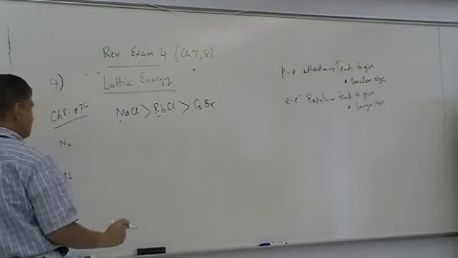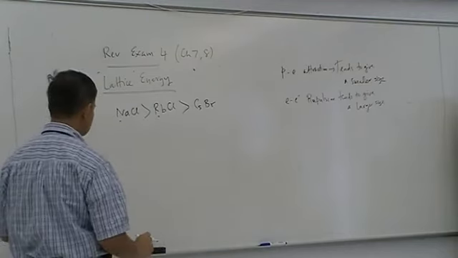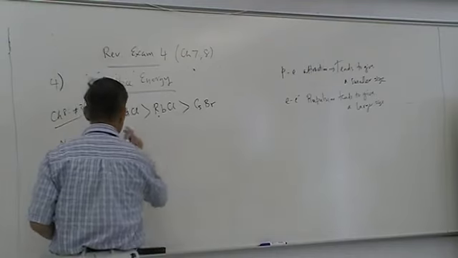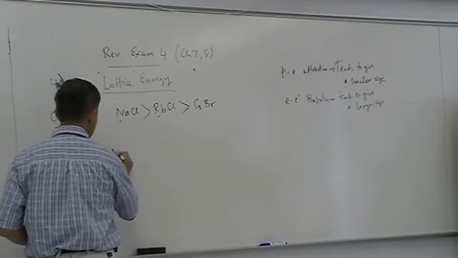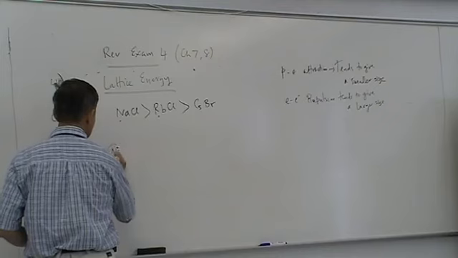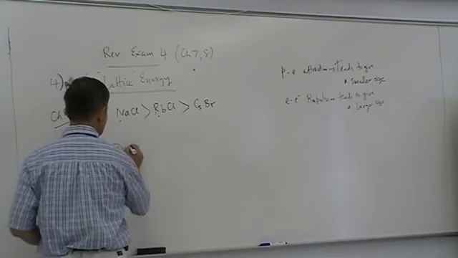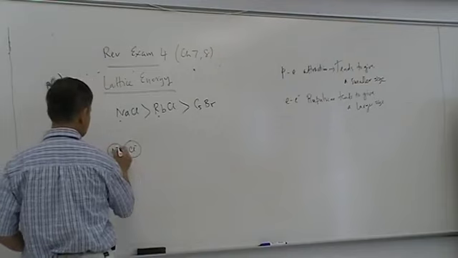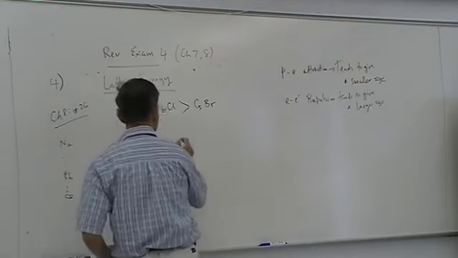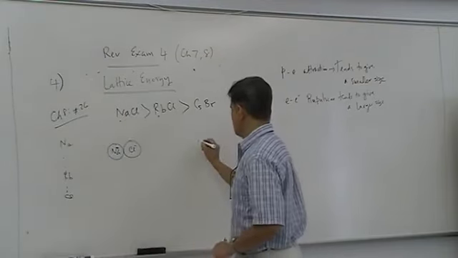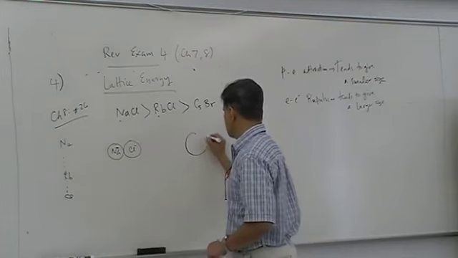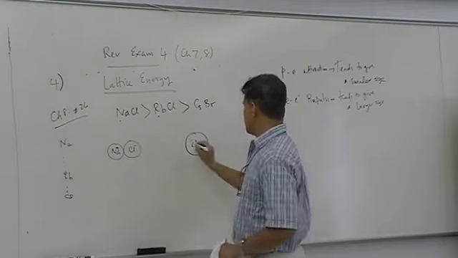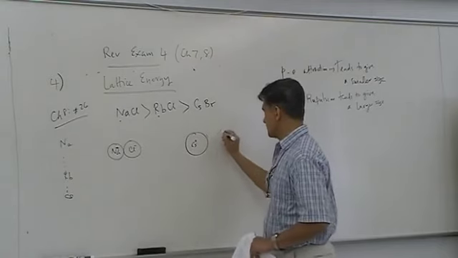If you look at the periodic table, you see all these elements. This is the large one, this is the smaller one. So you have Na plus, if this is the size, and this is Cl minus. Let's draw the next one, cesium, much larger than sodium. Let's draw it like this, Cs plus, and Br minus is larger than Cl minus.